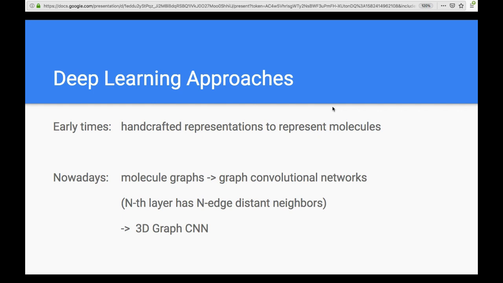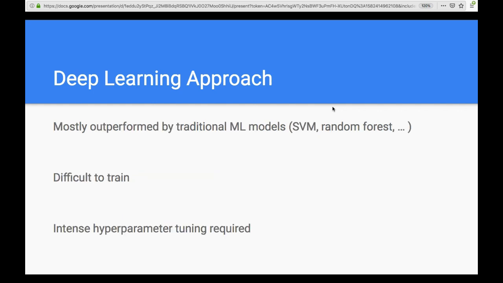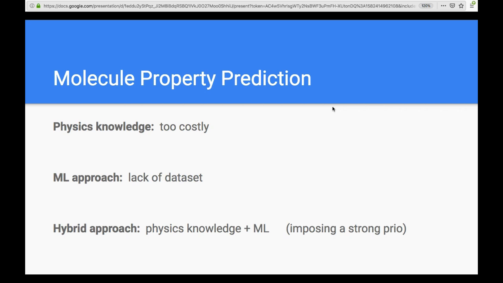Okay, so in the early time, people actually handcrafted. Okay, so before that, I want to introduce a little bit. Even if we use the physics knowledge way to predict the molecule property, we still need to know the atom arrangement. Carbon dioxide is a simple example.